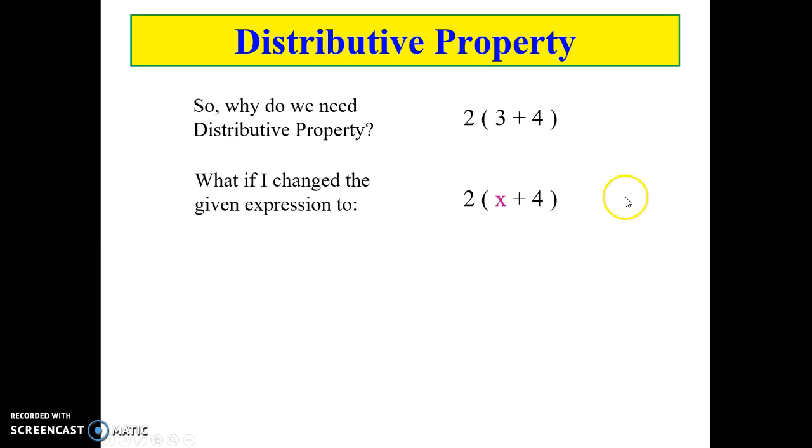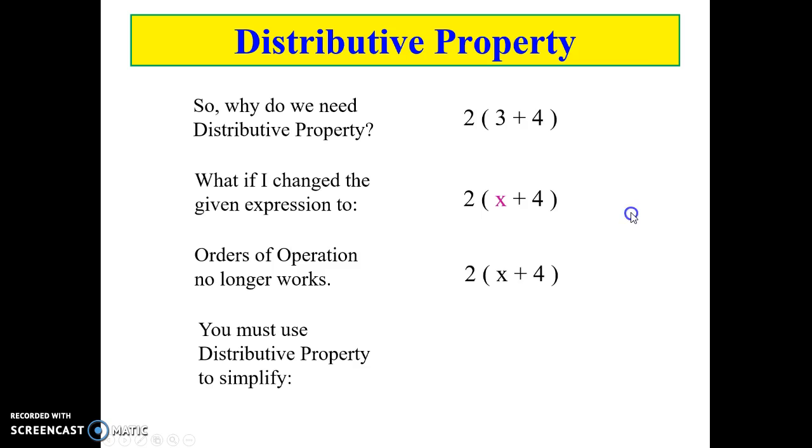But here's where distributive property comes into play. I can't use order of operations, so I'll use distributive property. 2 times the first term in the parentheses, bring down your plus, and 2 times the last term in the parentheses. Okay? You would multiply 2 by any of the terms.